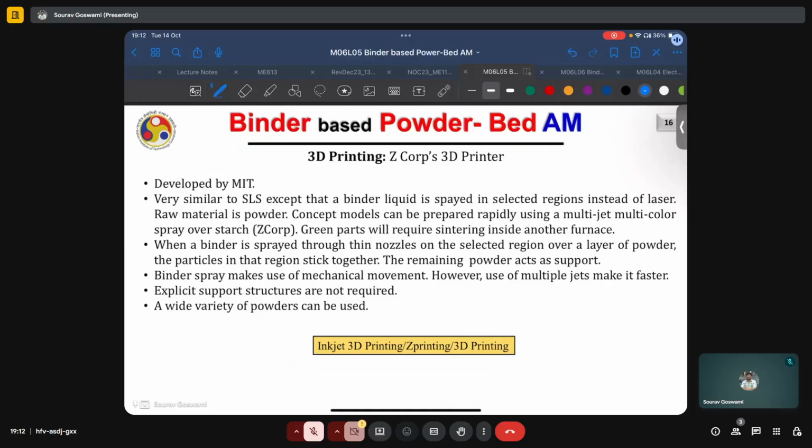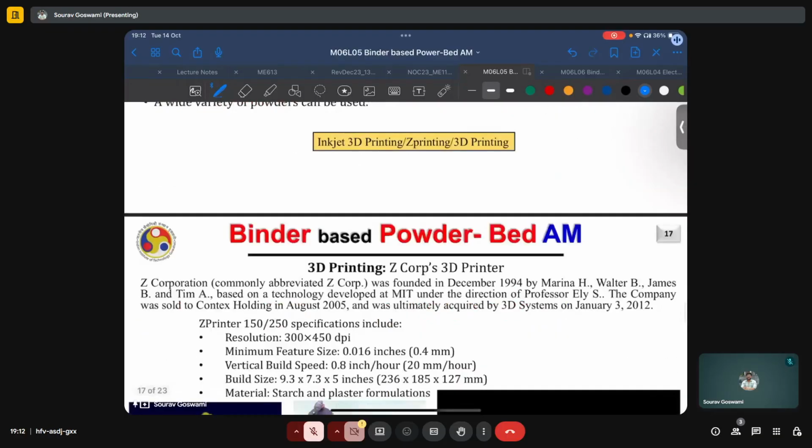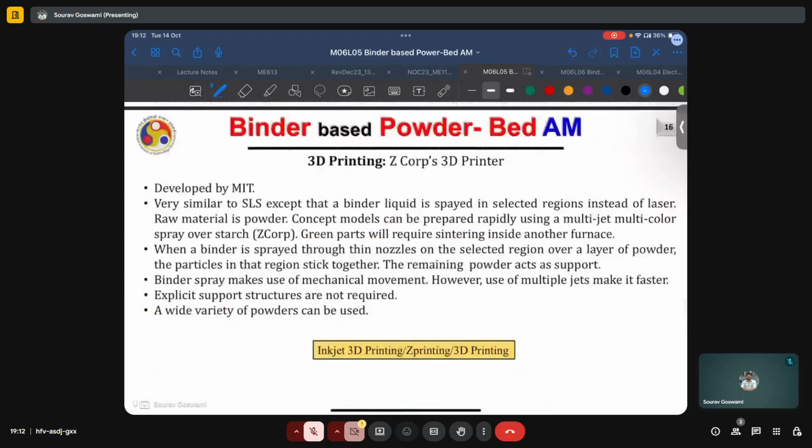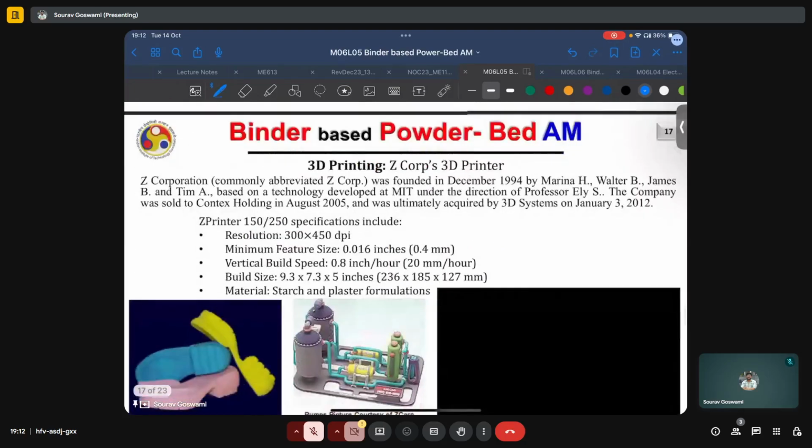Of course, the greatest strength of this technology is the wide variety of powders which it can process. And it has been known by many names: Inkjet 3D printing, Z printing, because Z is typically the build direction, and it is a third dimension which distinguishes 2D printing from 3D printing, and of course the generic name of 3D printing itself.